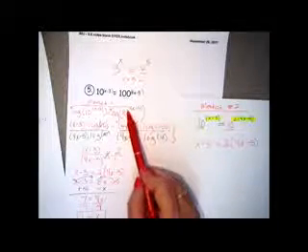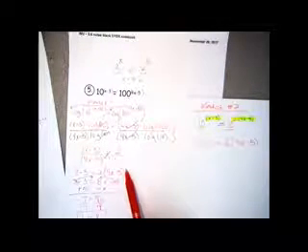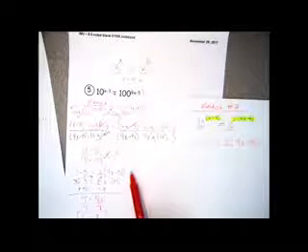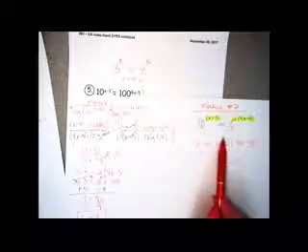Original problem, 1, 2, 3, 4, 5 steps to get to here. This is the same thing as this, but I got there a lot faster by forcing my bases to be the same. And so once you have this equation written, you go ahead and solve it like you normally would, just like you did the other one.